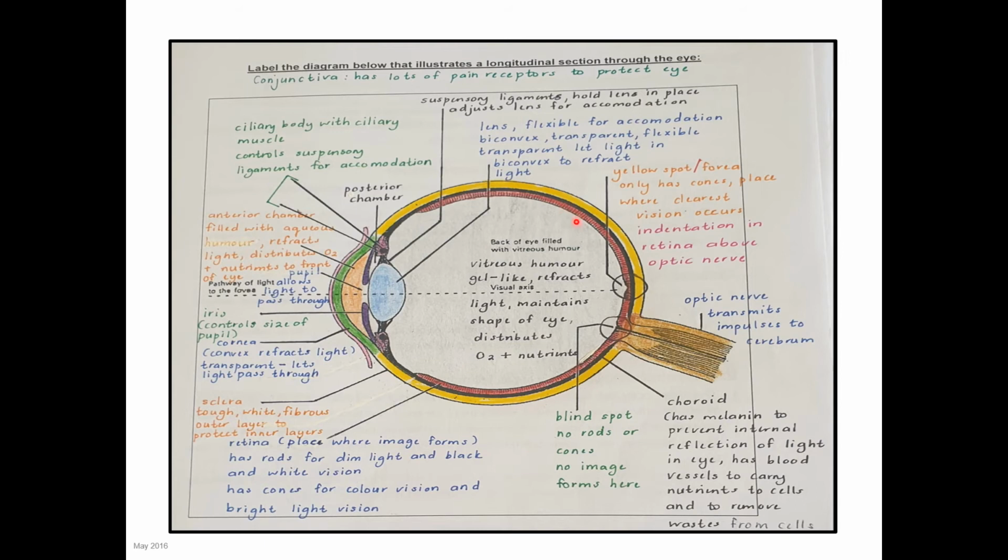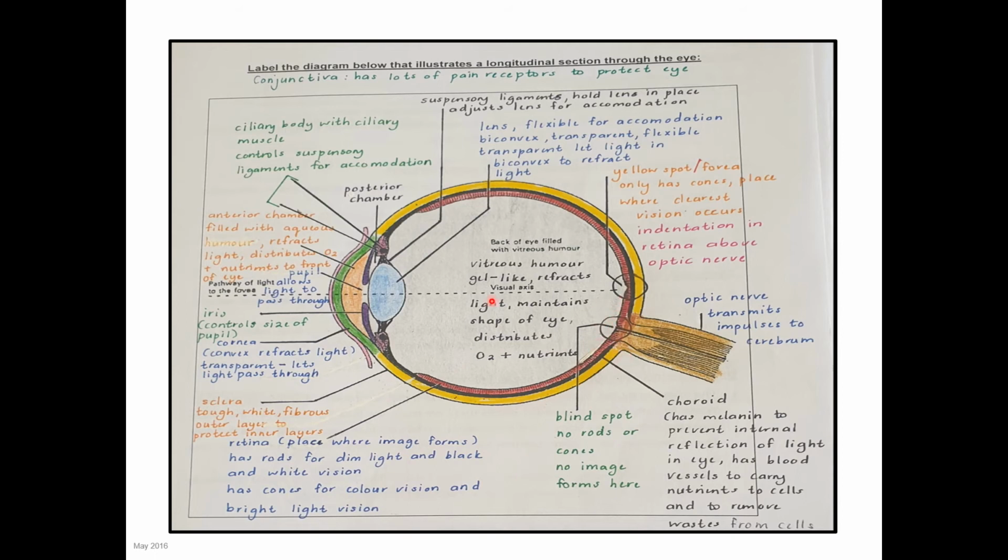And then in reddish here, that is the inner layer, which is the retina. The retina has rods and cones. And that's the place where the image actually forms. We know rods are there for dim light and black and white vision, and cones are there for color vision and bright light vision. This little indentation here, that's the blind spot. There's no rods and no cones, so no image forms here.